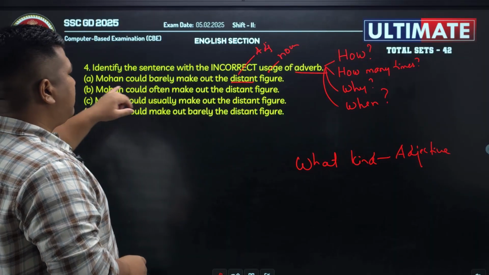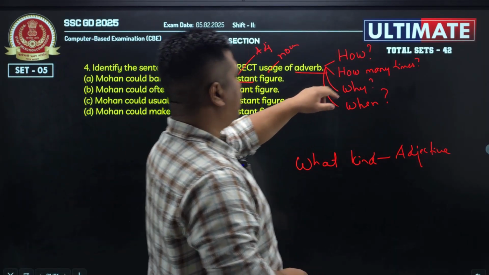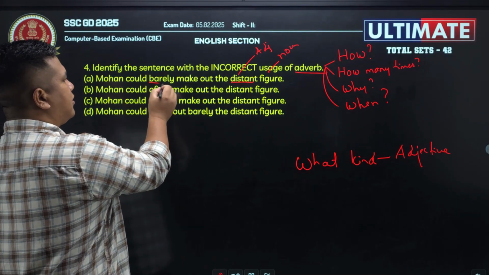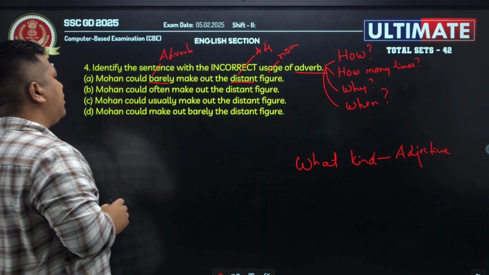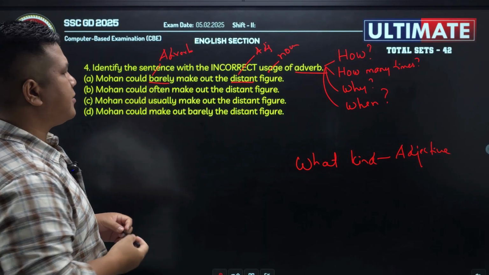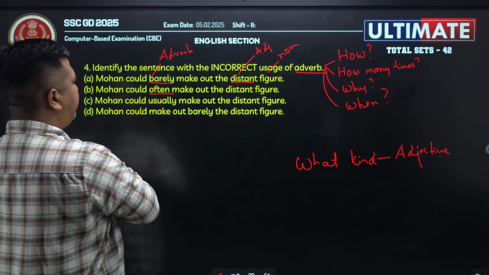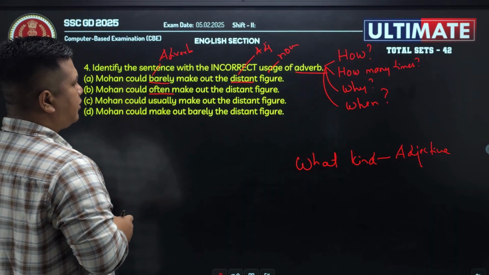The first sentence, Mohan could barely make out the distant figure. Ask yourself the question, how? How could he make out the distant figure? Barely, this is our adverb. B, Mohan could often make out the distant figure. How many times could he make out the distant figure? Often. This is the adverb. C, Mohan could usually make out the distant figure.